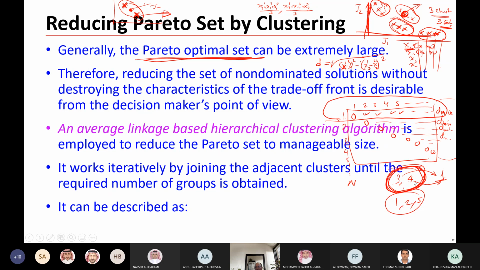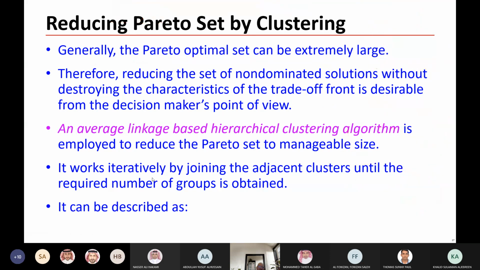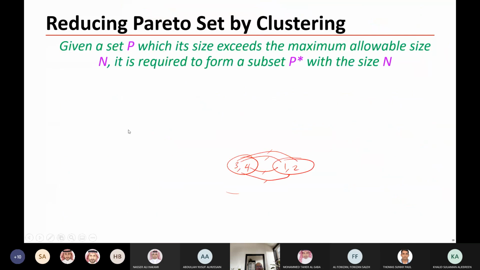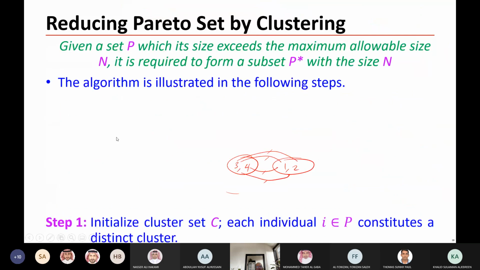And you combine, for example, if this is the minimum distance here, between solution 3 and solution 5, you combine 3 and 5, or 3 and 4 here. And then you repeat this again and again until you end up with the maximum number that you need here.